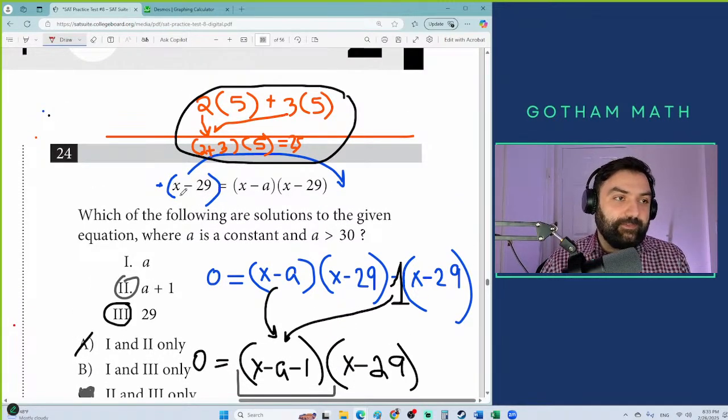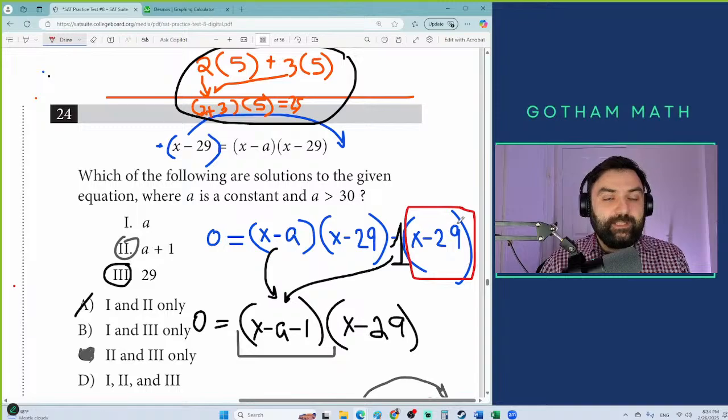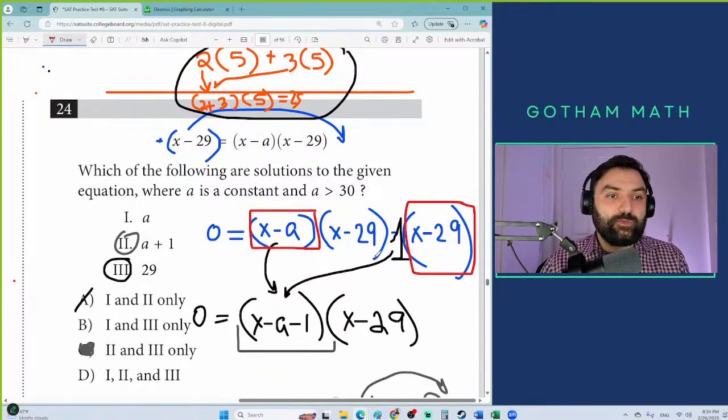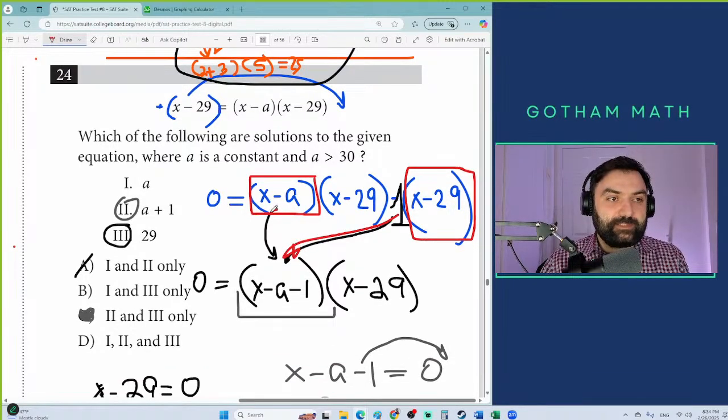First, I realized that in order to solve for x and I have a bunch of parentheses, I have to set equal to 0. So I transferred the left side completely to the right side. And here it is. Then I said, okay, I have x minus 29, x minus 29. The first x minus 29 has this parentheses in front, but the second one doesn't. But I realized from factoring by grouping, I can put a 1 there, by factoring 1 out and use it to put in the same parentheses with x minus a.